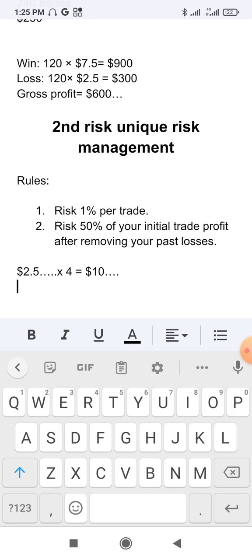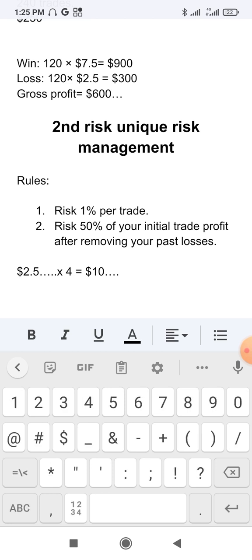Now you took the next trade. You still risk 2.5, but you were able to make profit. Remember that it is a minimum 1:3 trade that we do, right?